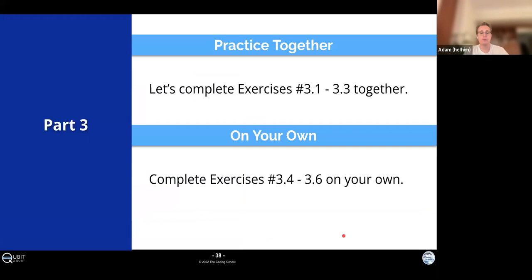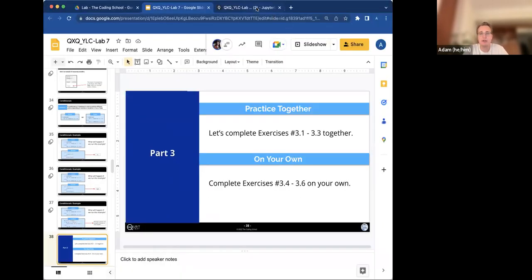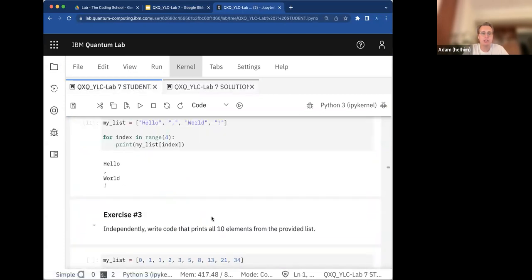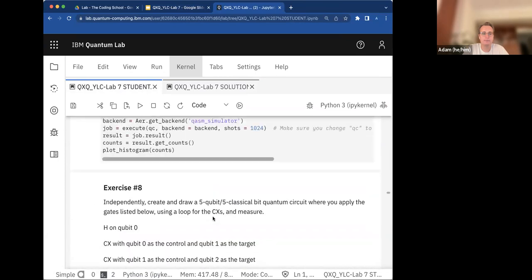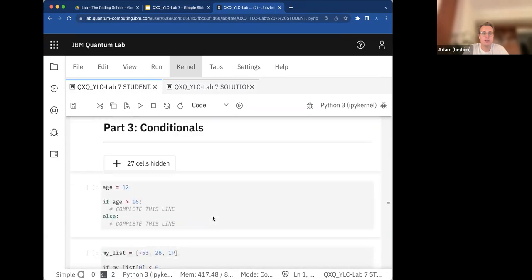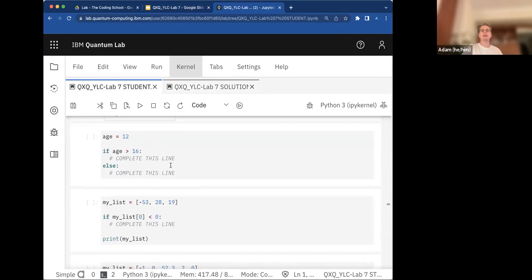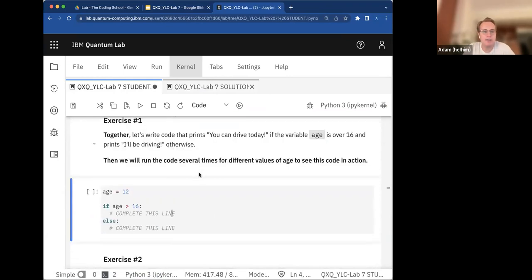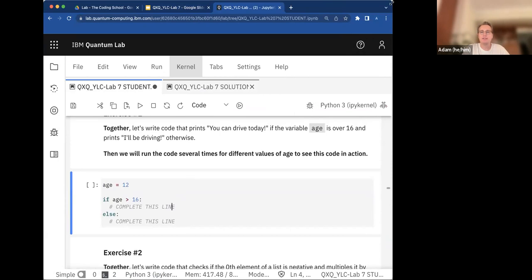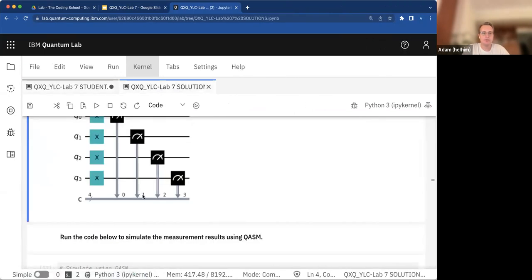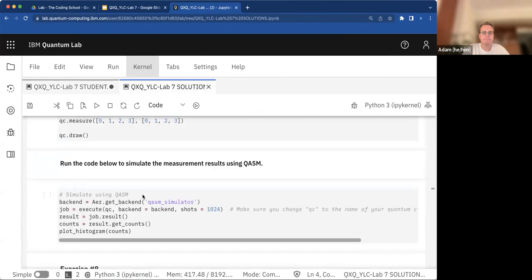So let's go through and complete exercises 3.1 through 3.3 together and take a look at what this looks like. Actually, we'll just complete a couple of these and we can have more time to look at it next week. In this first exercise, I'll go ahead and show you the solutions here.